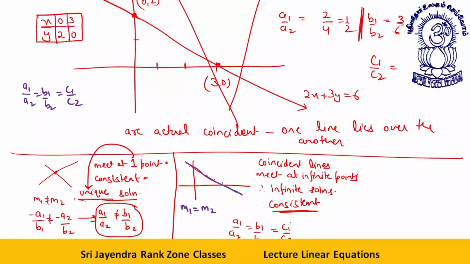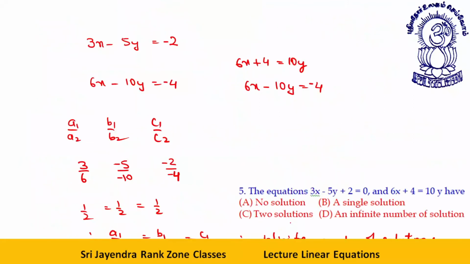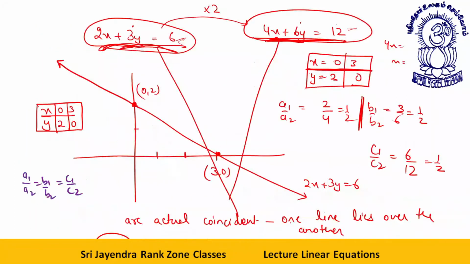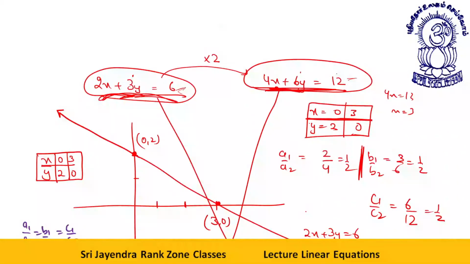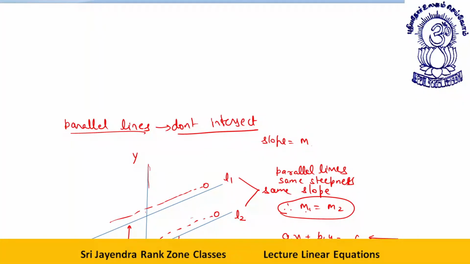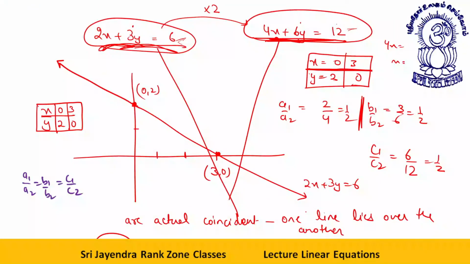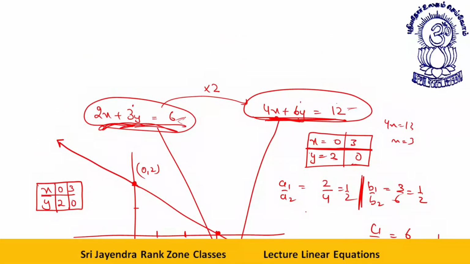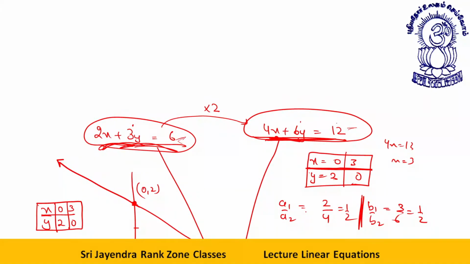So students, if I broadly classify, they meet at one point, they meet at many points. This thing is called being consistent.